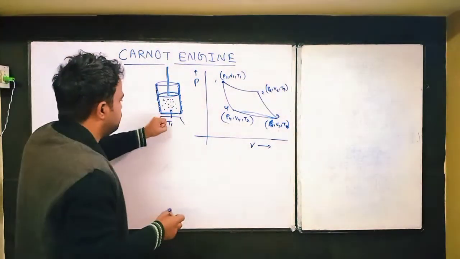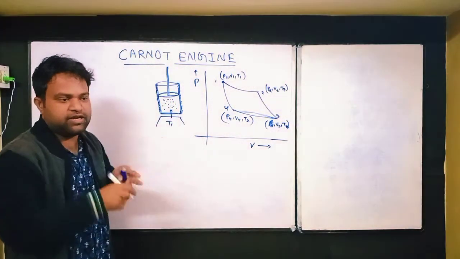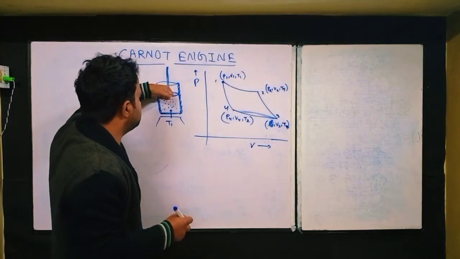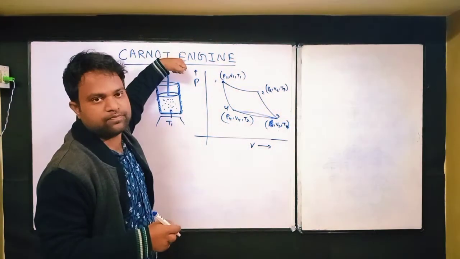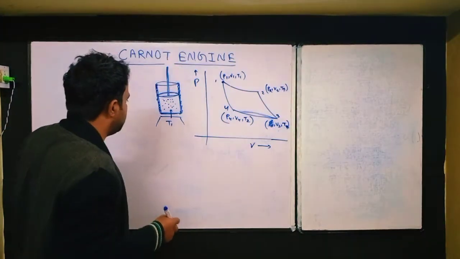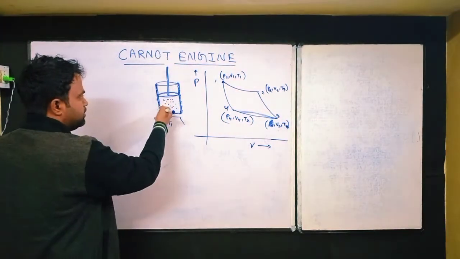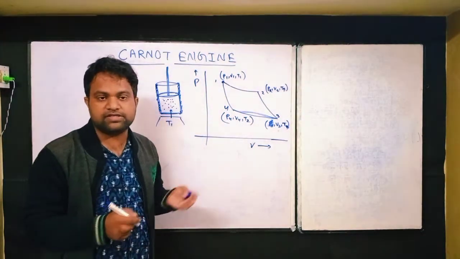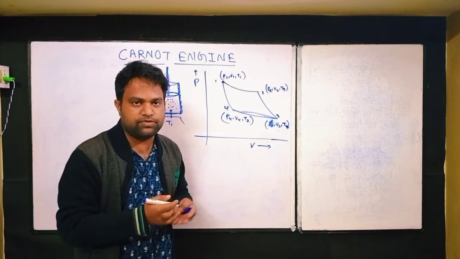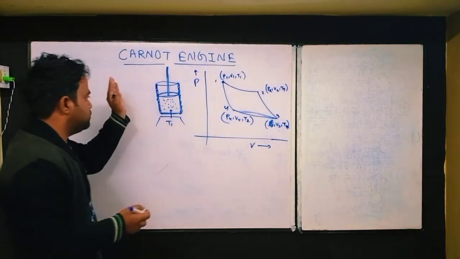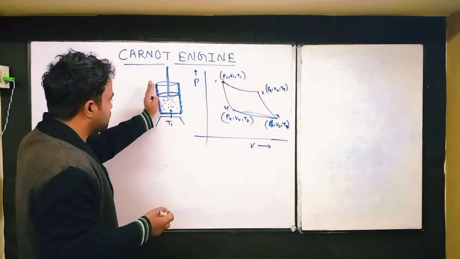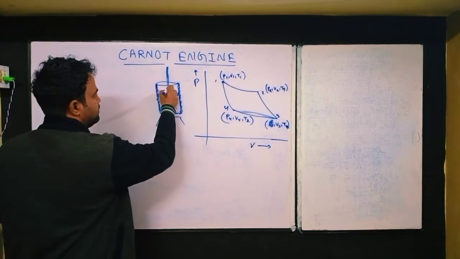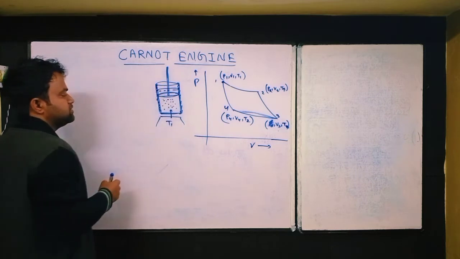The gas acquires energy, internal energy changes, randomness increases, so it does some work and expands gradually. We'll calculate the work done. In the previous video we discussed the work done in adiabatic and isothermal processes. So here the work is done isothermally, it expands, and the volume increases.